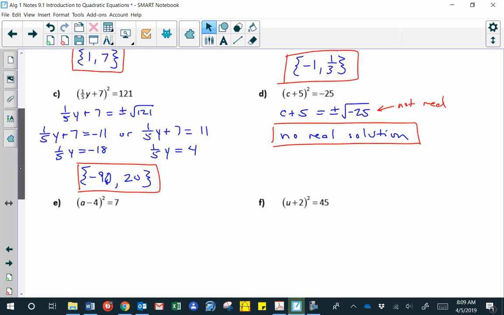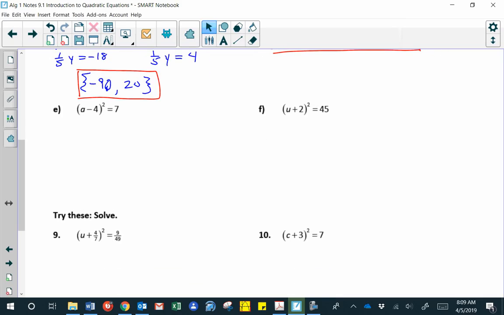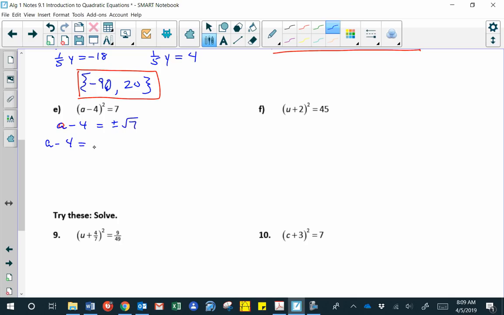In example 2e, we can use the same procedure, unsquare both sides, and that gives us a minus 4 is equal to plus or minus the square root of 7. Now you'll notice that the square root of 7 does not simplify. That is to say, it's an irrational number. So what we can do is separate this into two separate equations.